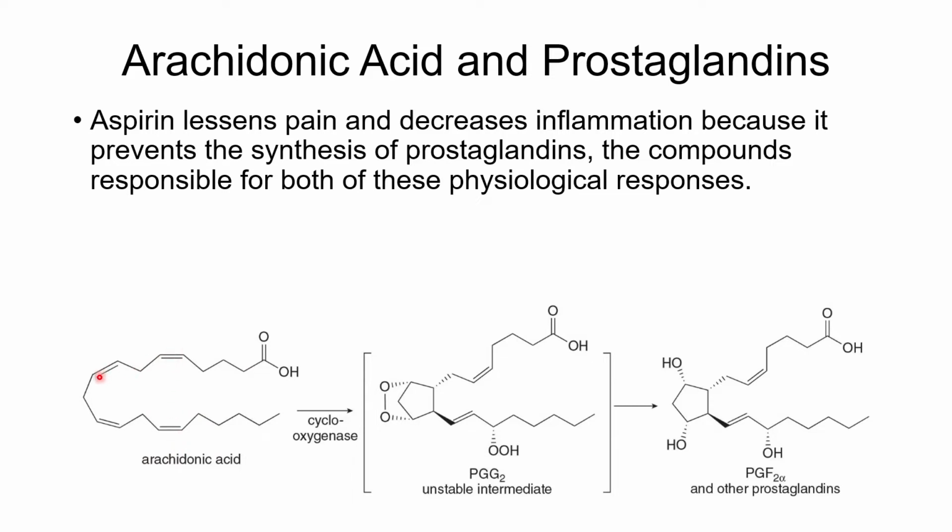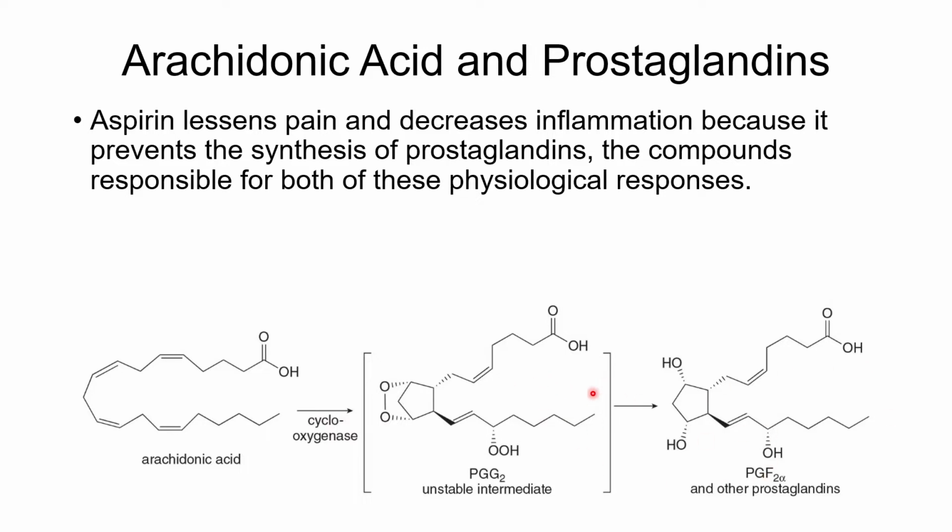It's got 4 of these cis carbon-carbon double bonds. That's one of the interesting things about it. And in the presence of cyclooxygenase, sometimes you'll hear this referred to as COX-1 or COX-2, cyclooxygenase will convert that into various prostaglandins.